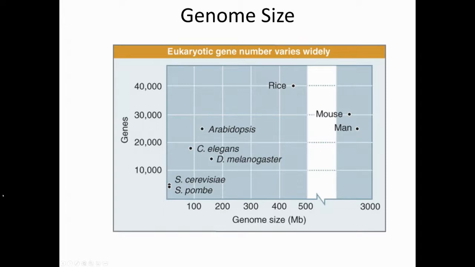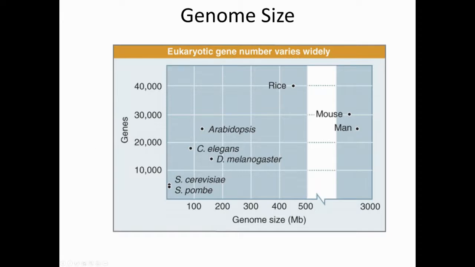Like I just mentioned, the smallest symbiotic bacterium is Nasuia deltocephalinicola. It has a 112 kilobase genome and 137 genes.